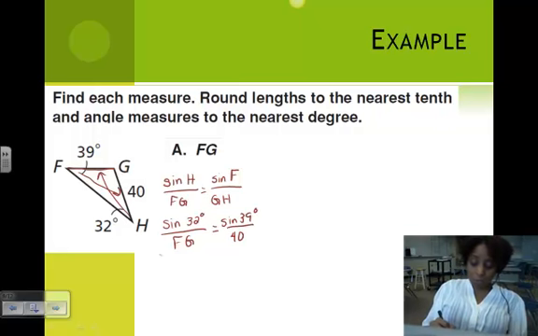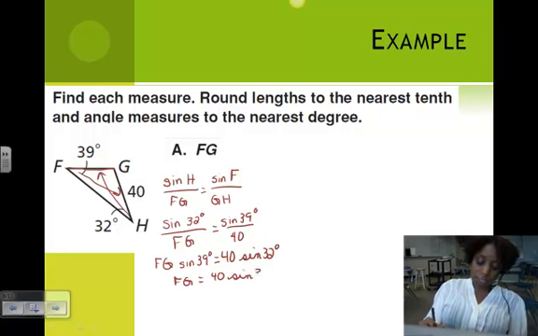that's GH. We cross multiply for FG times the sine of 39 is equal to 40 times the sine of 32. And if we divide both sides by the sine of 39, we get FG is equal to 40 sine of 32 over sine of 39.